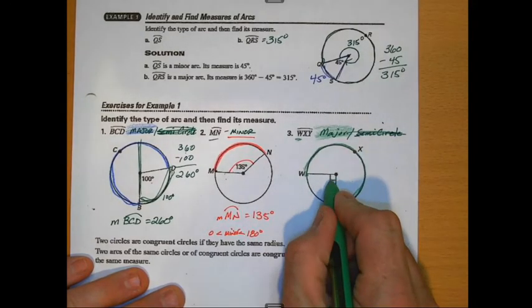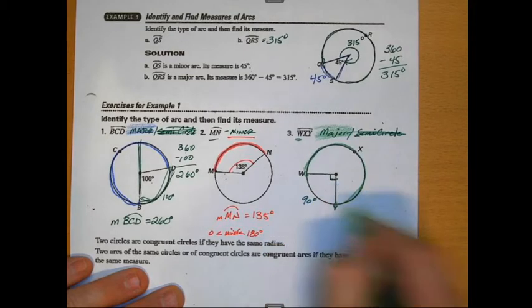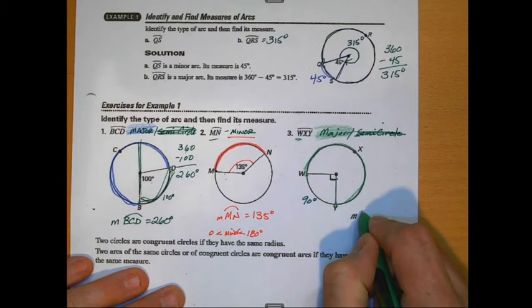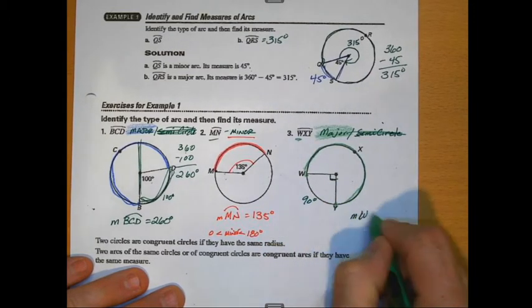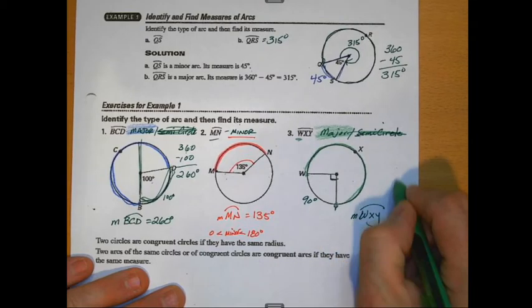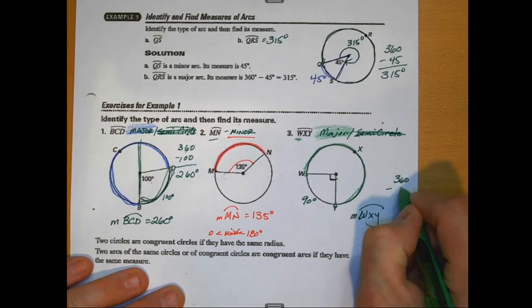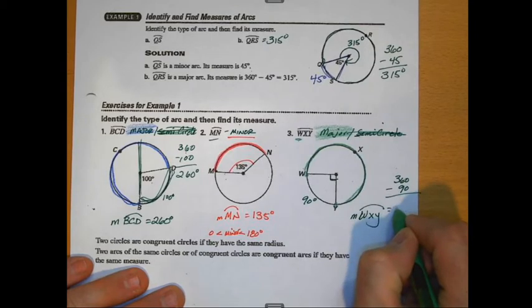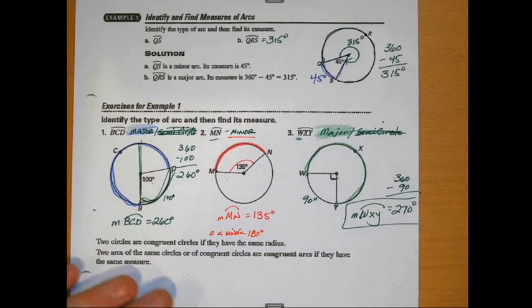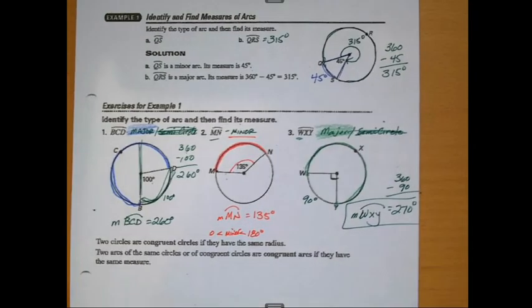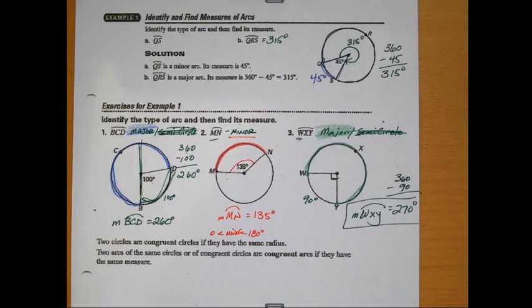If this is 90 degrees, the measure of arc WXY will be 360 minus 90, which is 270 degrees. So that major arc would be 270 degrees.